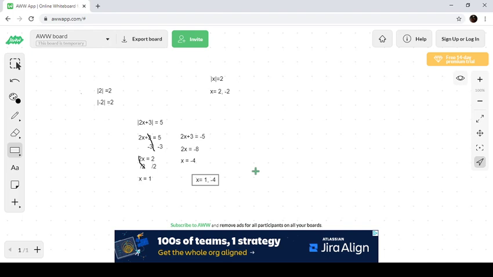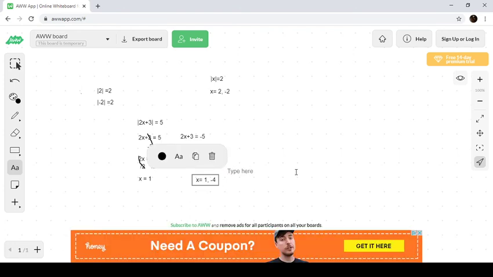An identity has an infinite amount of answers to it, and a conditional equation has some condition that makes the original thing true, which is what this is. This is a conditional. So we call this a conditional, again, because there are conditions that make this true.